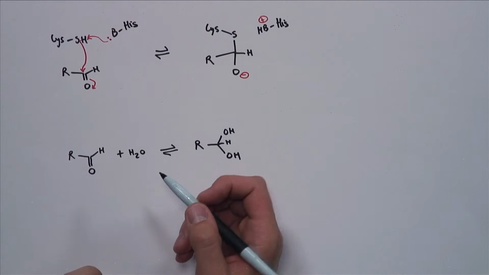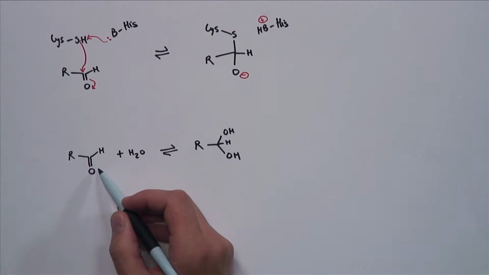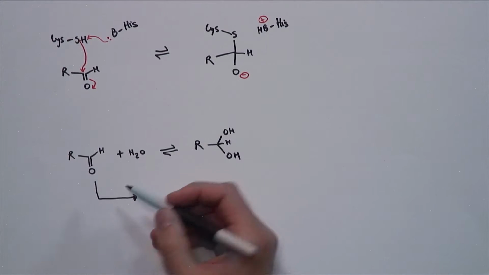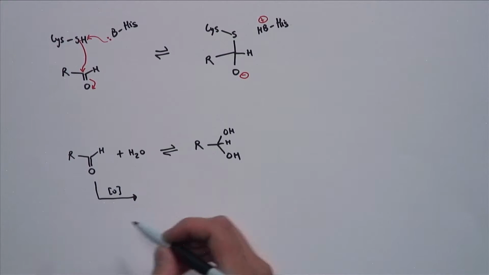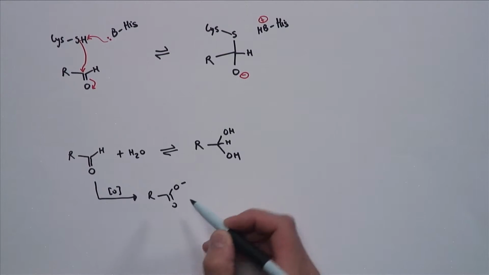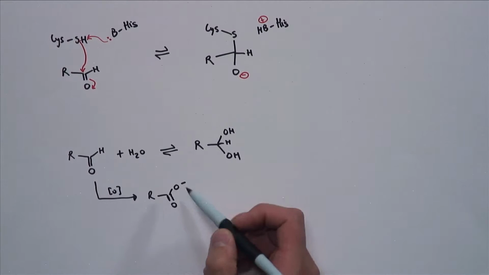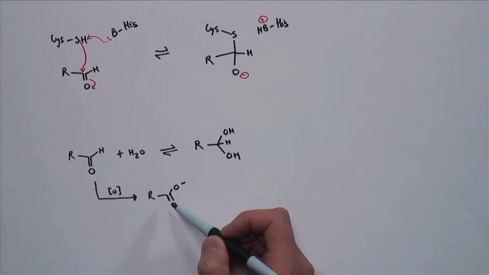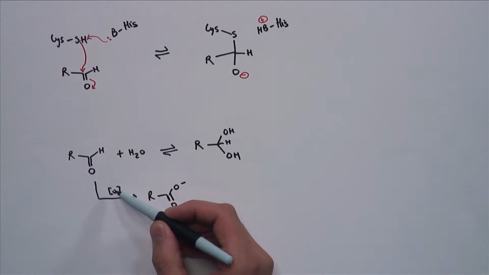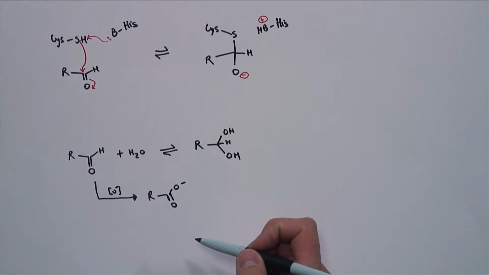Another consideration involves the oxidation of aldehydes. These could be enzymatically or even non-enzymatically oxidized to form carboxylic acids or carboxylates. These would obviously not be very reactive, and any inhibitor that gets oxidized will stop being an inhibitor.